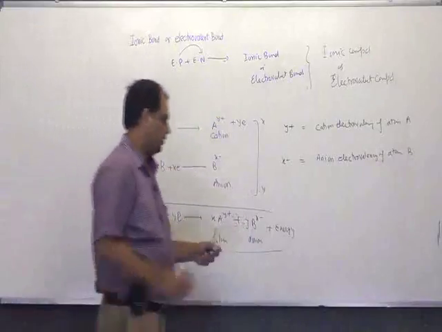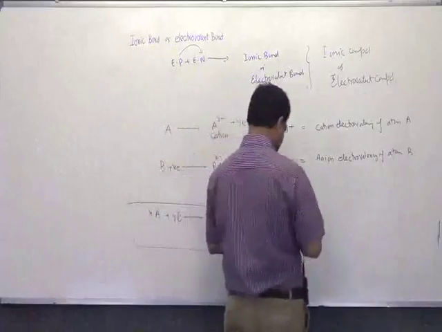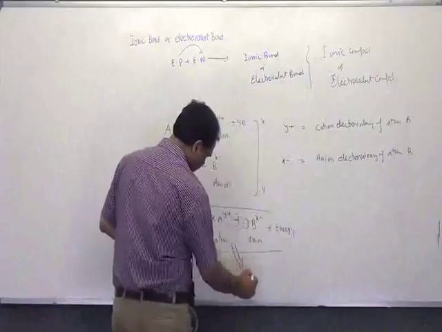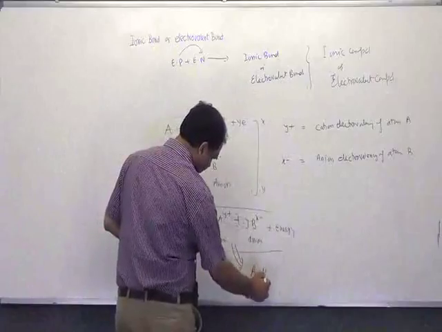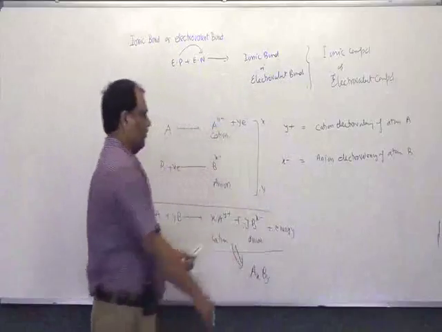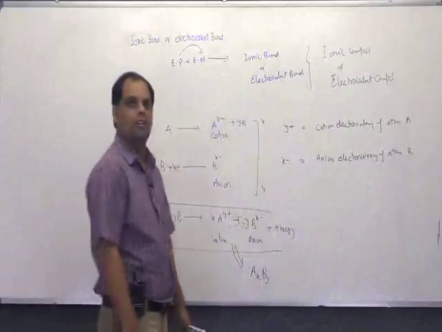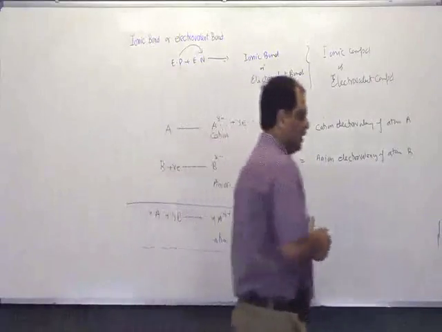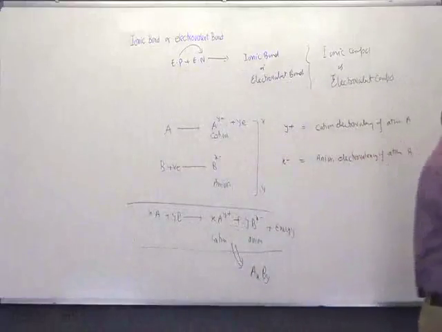We can write the ionic compound as AxBy. This is the way ionic compounds are formed.